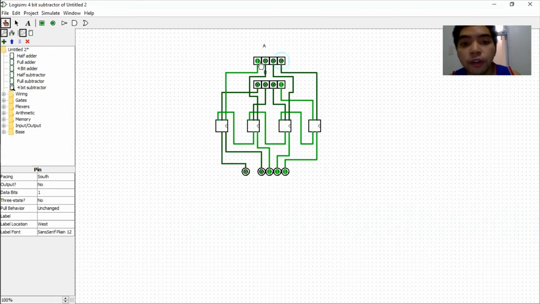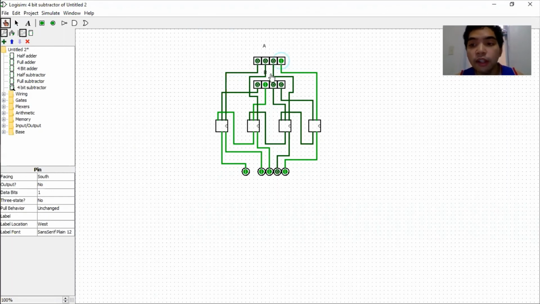Now, what if the first 4-bit number is less than the second 4-bit number? Let's say we have 1 minus 4. So it is negative 3, right?